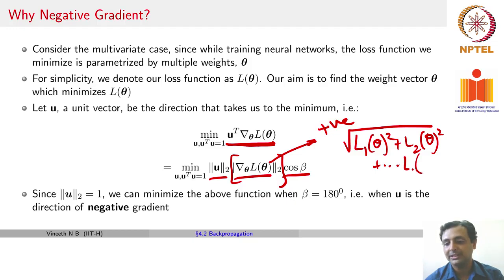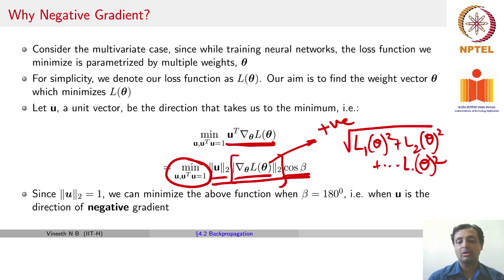This is your standard 2 norm definition, and that quantity is non-negative. So we ideally want to minimize this dot product. Because U is a unit vector, the only way we can minimize this quantity is to make cos beta equal to minus 1. You remember, the 2 norm of U is 1 because U is a unit vector.